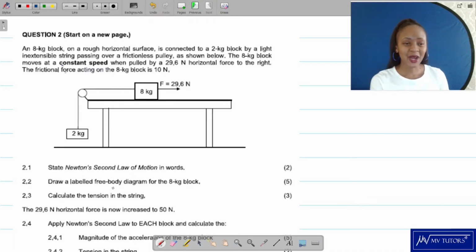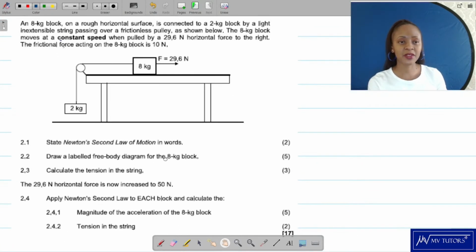All right, so now 2.1, state Newton's second law of motion in words. Okay, so when I think about Newton's second law, I think about me driving on a straight path and I'm moving at constant velocity, and then out of the blue somebody just bumps me, and then my car ends up moving in the direction of that person who bumped me.